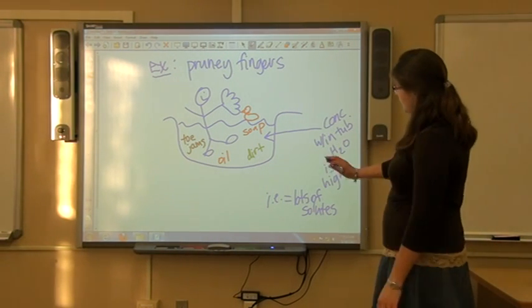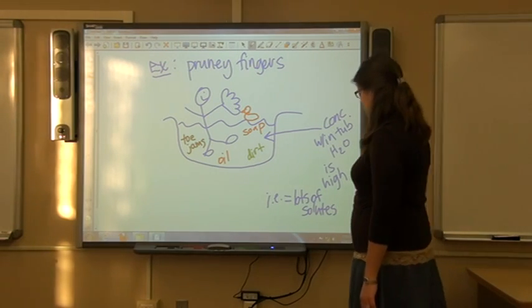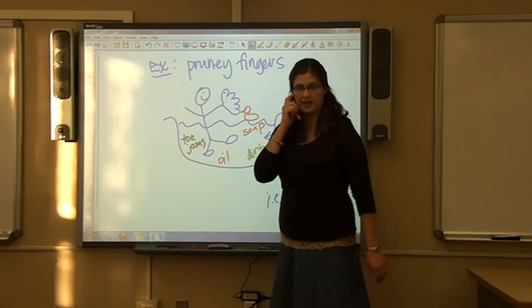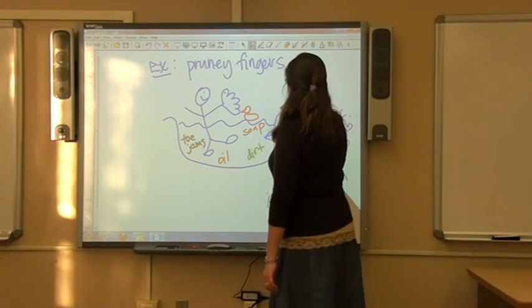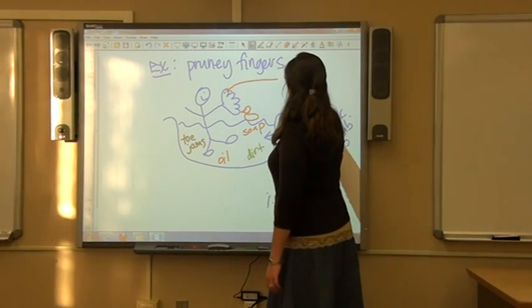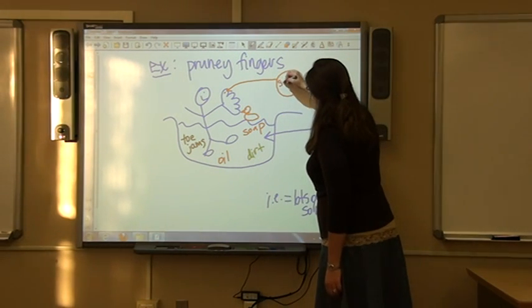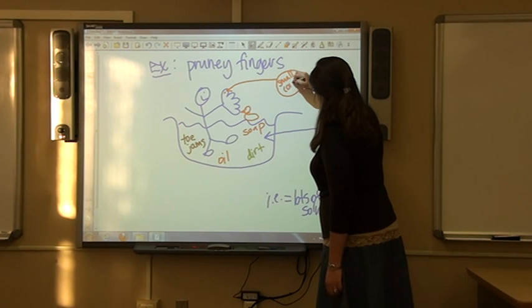Okay, so you have lots of solutes in your water. Well, you also have cells in your hands. And inside your skin cells, here's a skin cell, you have a small concentration of solute.